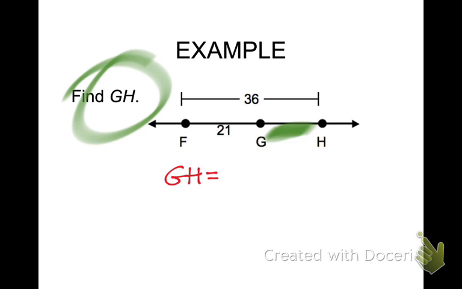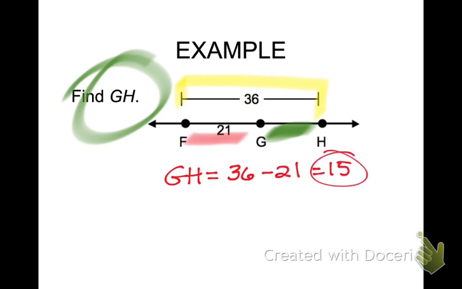So if we have 2 numbers up there, we know that the whole thing is 36. If this section here is 21, what does the green need to be? 15. Yeah, so we're doing 36 minus 21, which is 15. So there we had the whole length. We were given a part of it. Subtract the difference to get the remaining part.